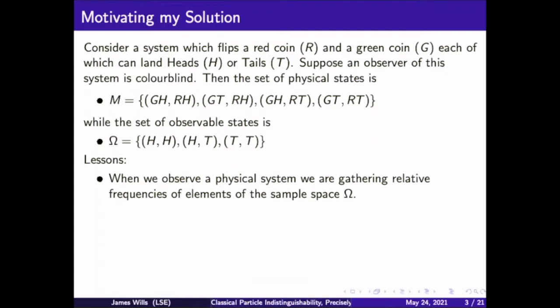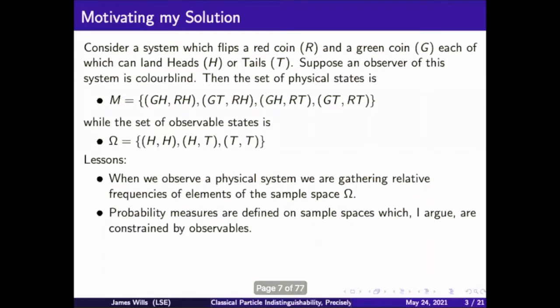So this colorblind observer is going to count how many times they see heads, heads, heads, tails, tails, tails, etc. And their frequencies and probability distribution is going to be based on that. Probability measures are defined on sample spaces, such that the probability measure of the sample space is 1. And if you buy into this motivational example, sample spaces are going to be constrained by what is observable.